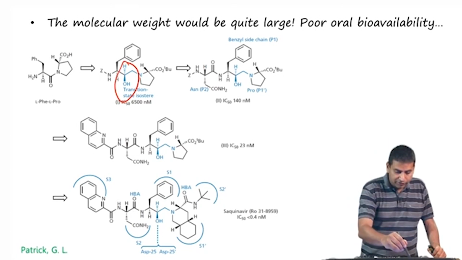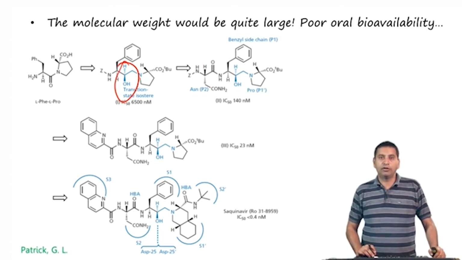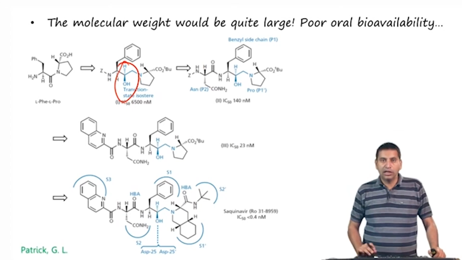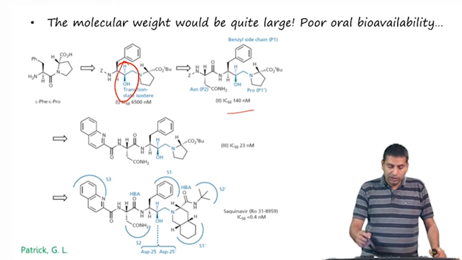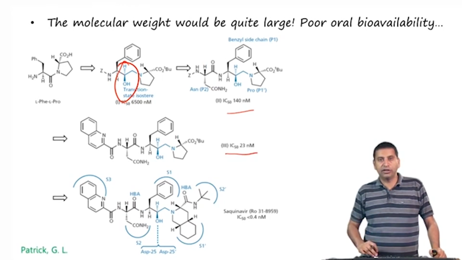Here is the transition state isostere, which has an IC50 of about 6500 nanomolar, and subsequently this has been further optimized to reduce the IC50 to 140 nanomolar, and finally further modifications led to an improved IC50 of 23 nanomolar.